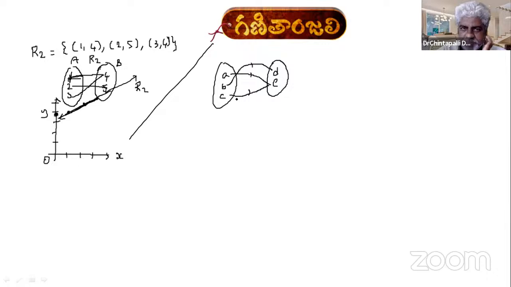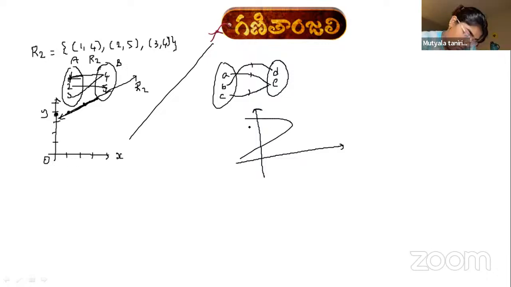And it's a very important point. If we draw a function on a graph, any function cannot cross the y-axis twice.